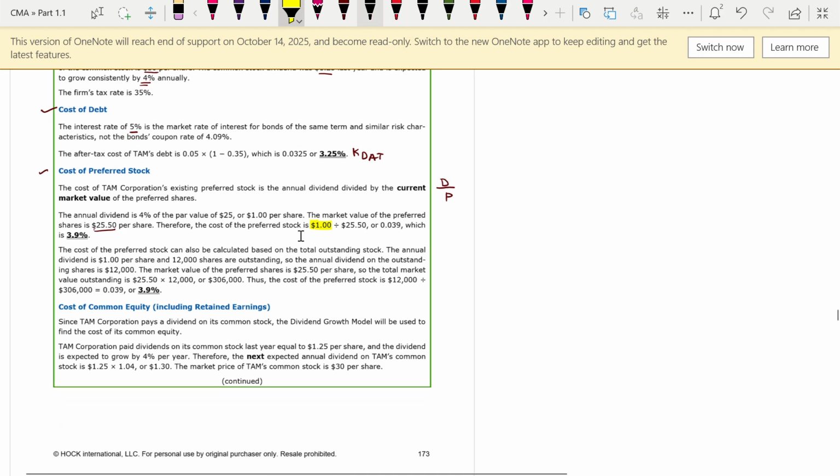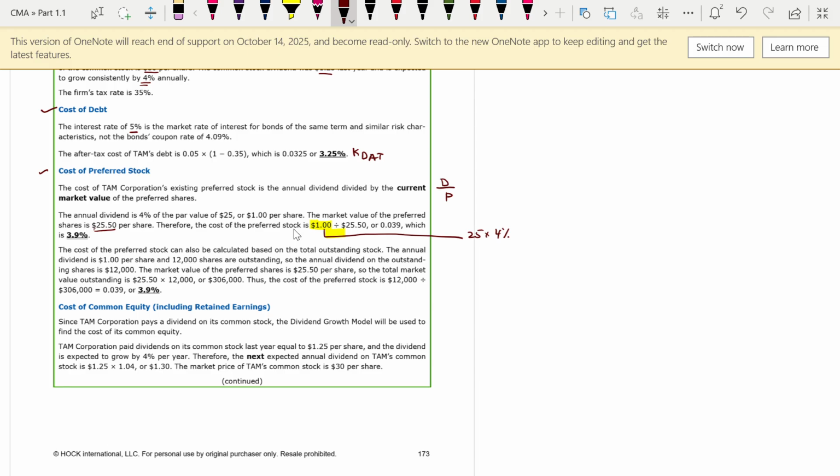If the par value is 25, then 25 times 4% is how much? You will get 1. Check: 25 times 4 by 100 is 1.